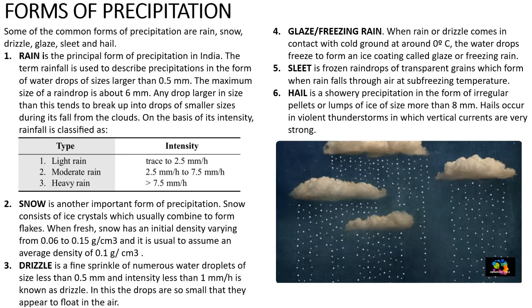So, yung difference niya dun sa freezing rain or glaze, yung freezing rain, before it touches the ground, water na siya. Kapag na-touch niya yung ground, dun siya mag-freeze ulit. But yung sleet, before it touches the ground, nag-froze na siya ulit.